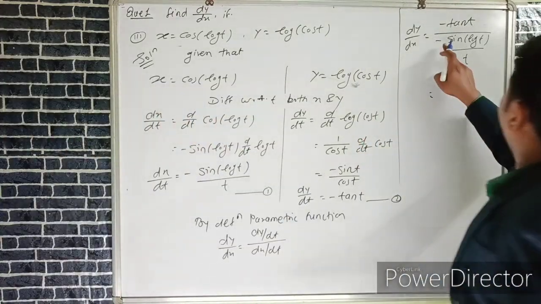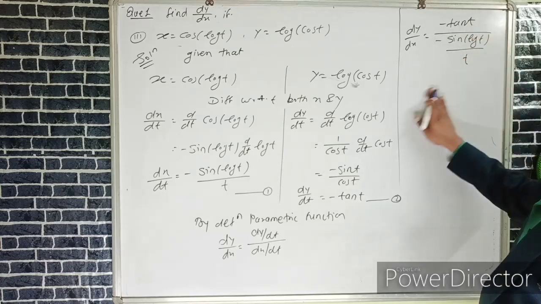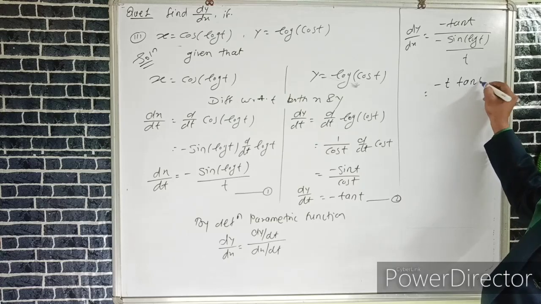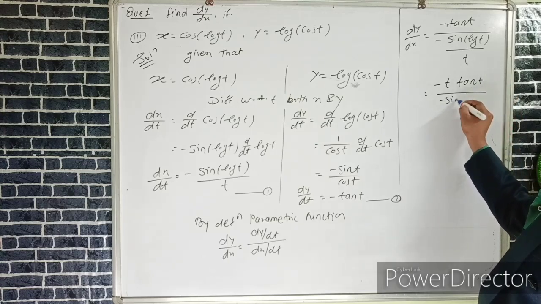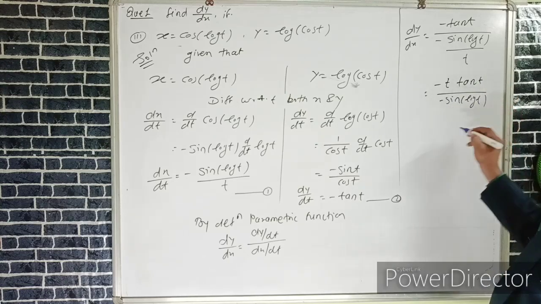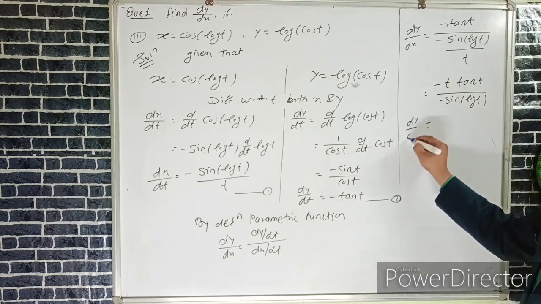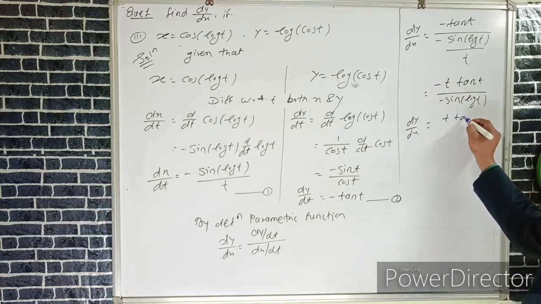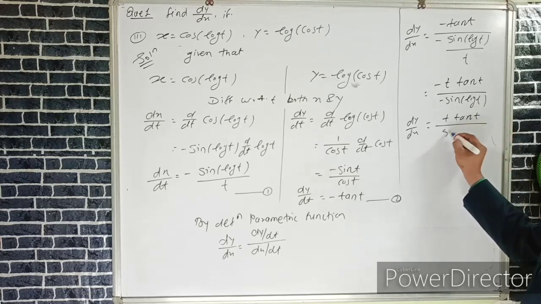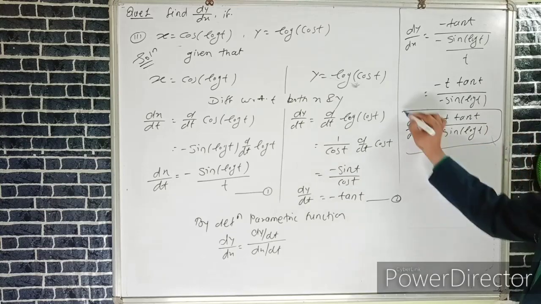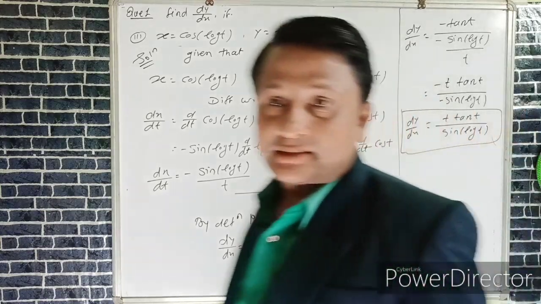Hence, if we take this t on the numerator, we can write minus t tan t upon minus sin of log t. Here minus minus cancel. We can write dy upon dx is equals to t tan t upon sin of log t, which is the required derivative of dy by dx.